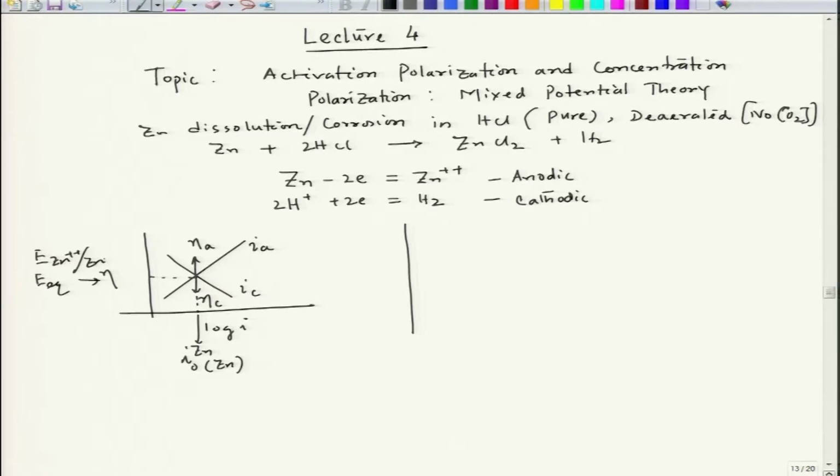Now, this value would depend on the concentration of zinc ion in that electrolyte.